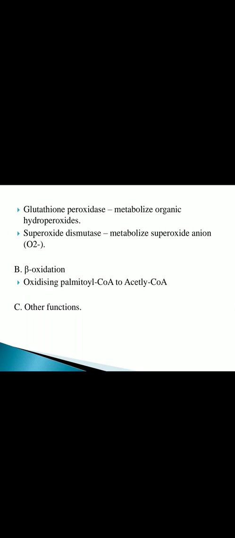If we take the example of yeast, when this yeast is grown on sugar, they have tiny peroxisomes, and when this yeast is grown on methanol, they develop large size peroxisomes that are helpful for the oxidation of methanol. In this way the peroxisomes play an important role in our body.